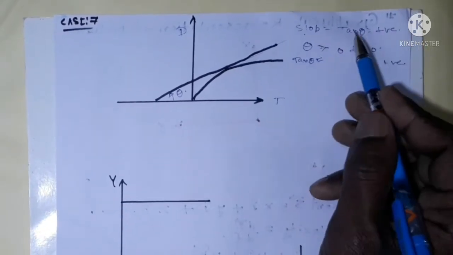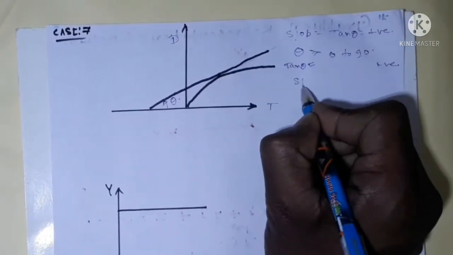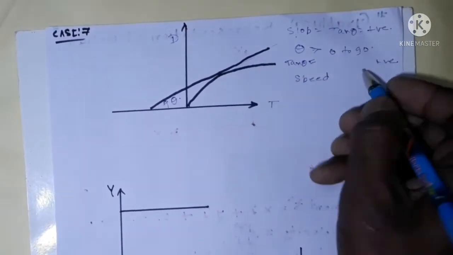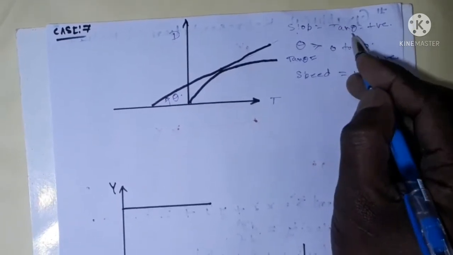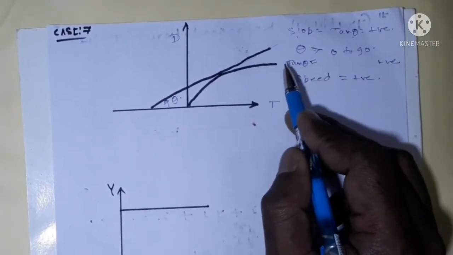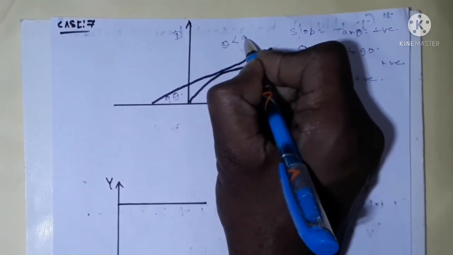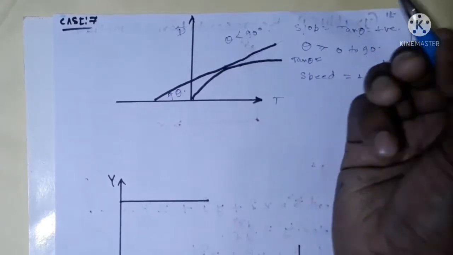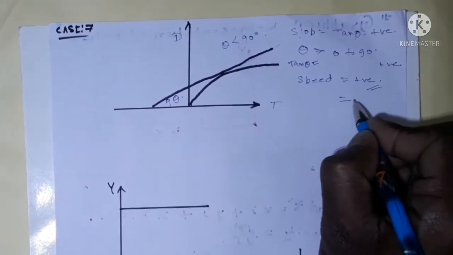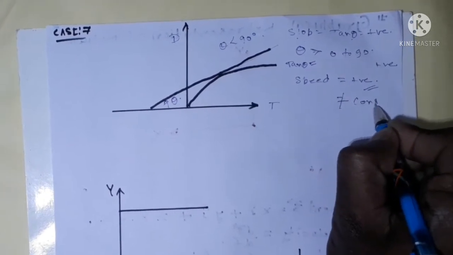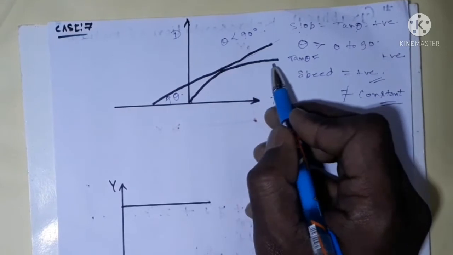Slope is equal to tan theta, which is perpendicular distance by time, which is speed. Speed is positive because tan theta is always positive when the angle is less than 90 degrees. So speed is positive, but not constant because the graph is non-linear in nature.